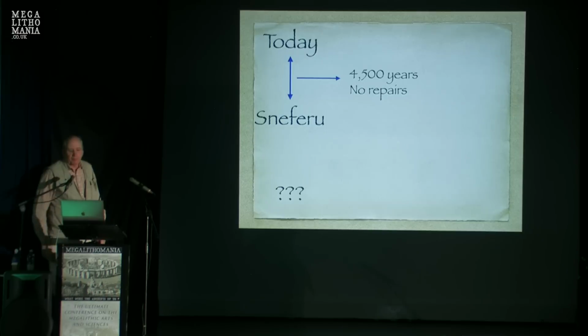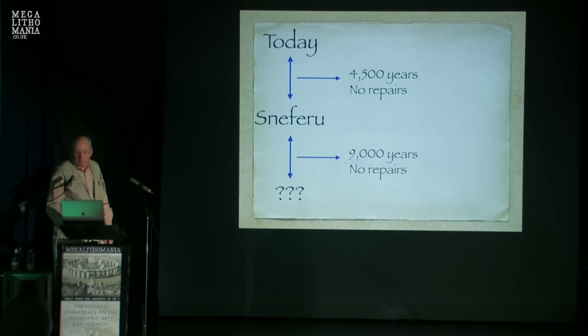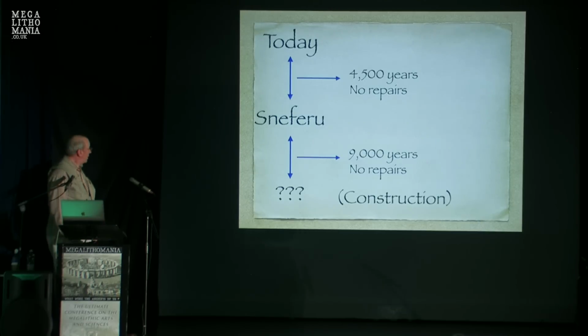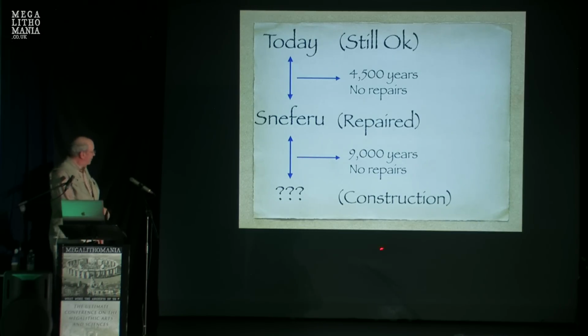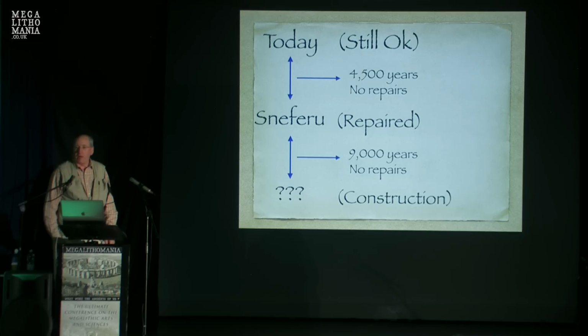In which case, we might suggest that the pyramid was constructed down here. It required no repairs for about 9,000 years. Then Snefru repaired it, and it's lasted 4,500 years ever since it was repaired.